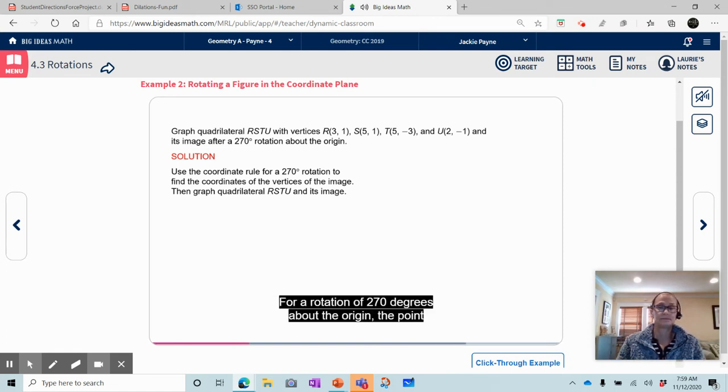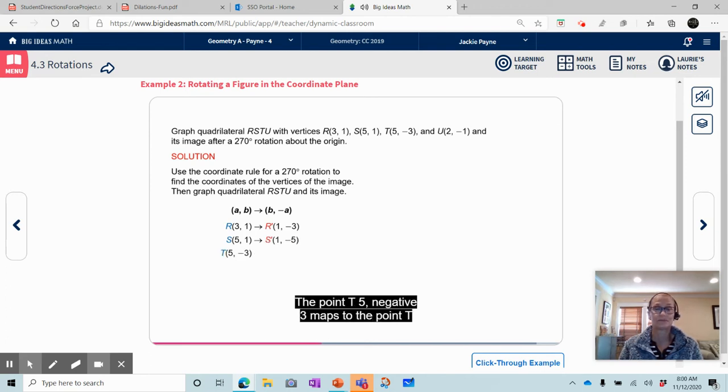For a rotation of 270 degrees about the origin, the point (a, b) maps to the point (b, -a). So the point R(3,1) maps to R prime (1,-3). The point S(5,1) maps to S prime (1,-5). The point T(5,-3) maps to T prime (-3,-5). And the point U(2,-1) maps to U prime (-1,-2).